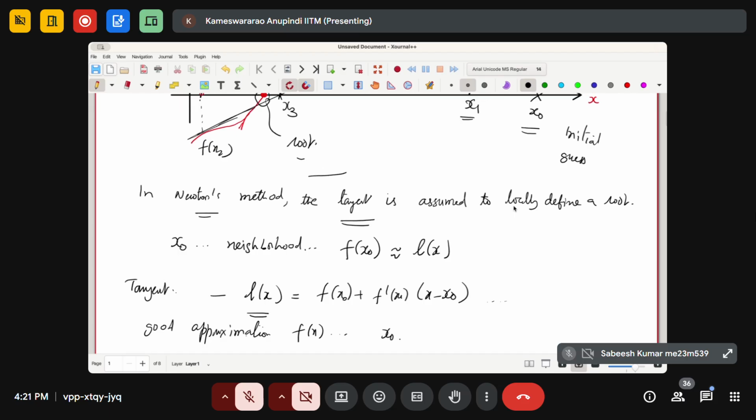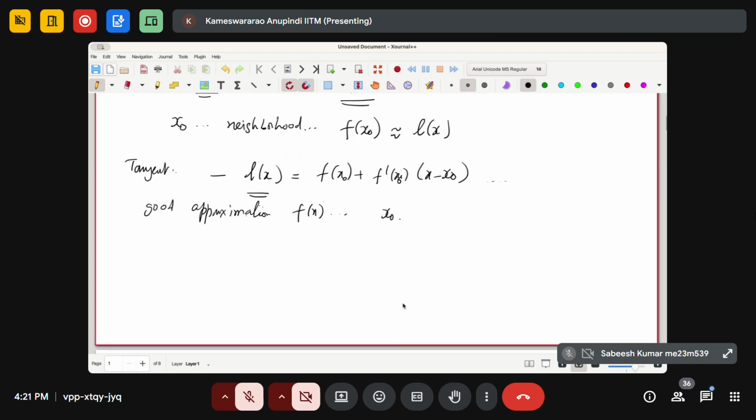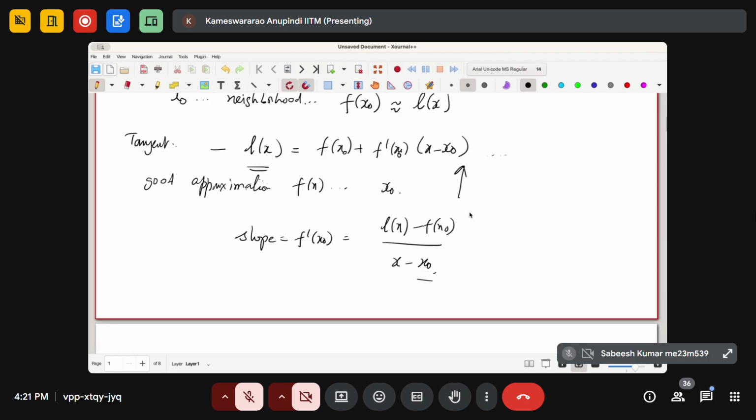So essentially, the slope of this function is nothing but f prime of x naught, that is equal to L of x minus f of x naught divided by x minus x naught, right? So that is how I have obtained the equation of the tangent from the slope.